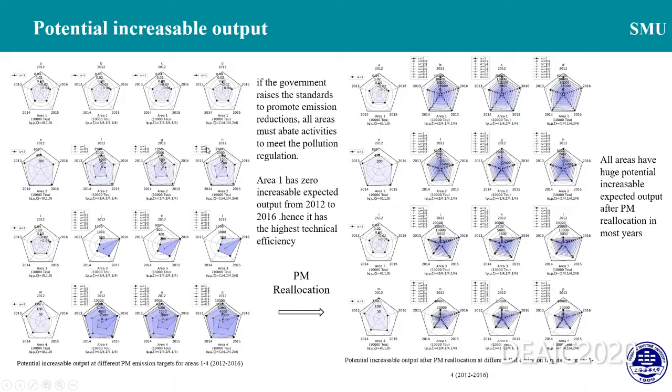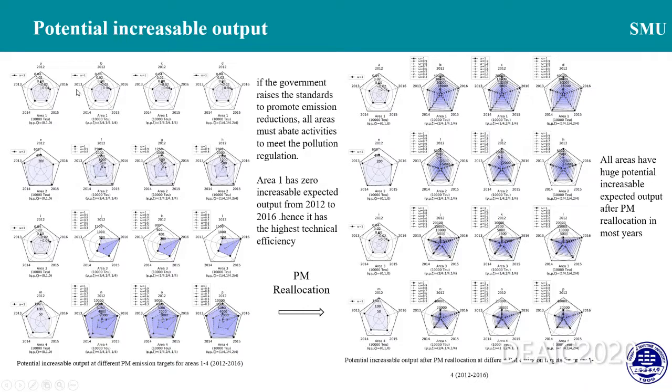So back to this picture. The second result is, if the government raises the standards to promote emission reduction, all areas must abate activities to meet the pollution regulation. Third, Area 1 has zero increasable desirable output from 2012 to 2016 in any direction.